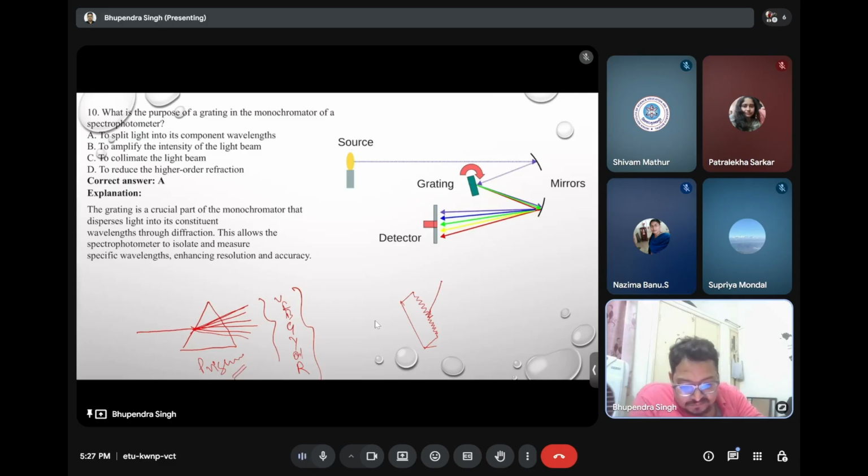So let's say this is your source, white light, or the tungsten lamp in your spectrophotometer. After hitting the mirror, it goes to the grating, and this grating will disperse the light into all the wavelengths.